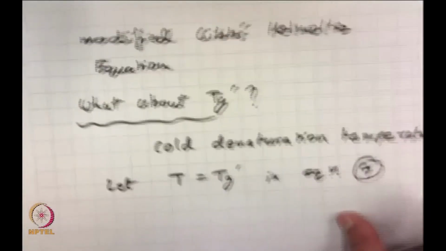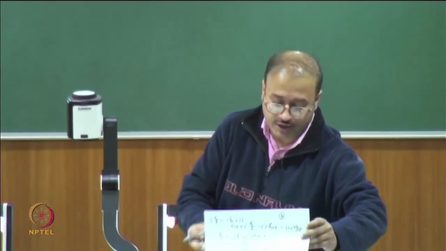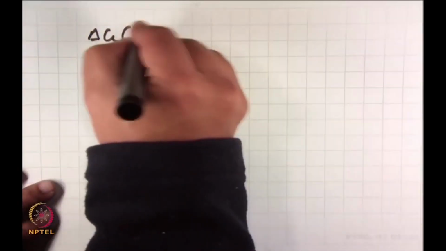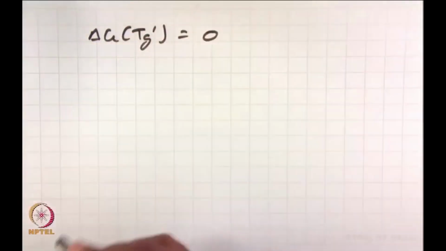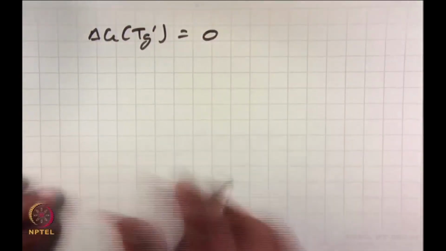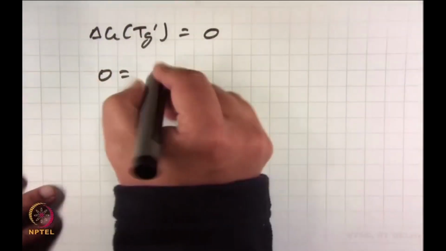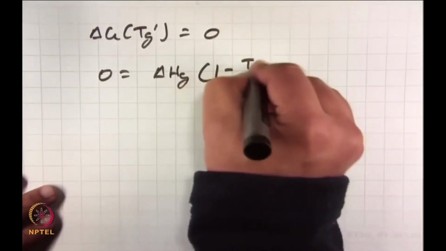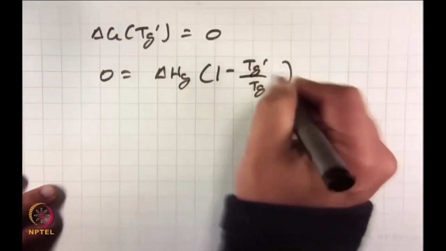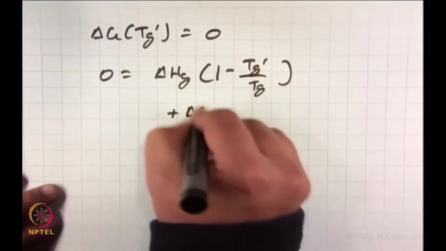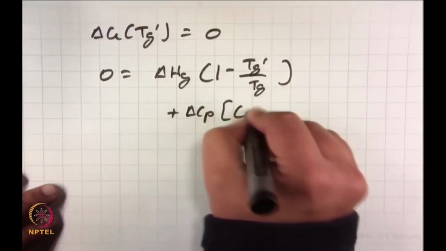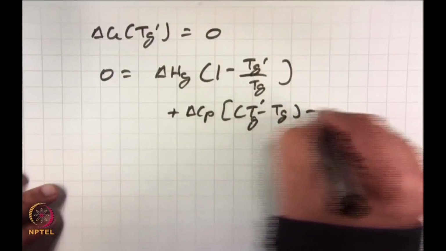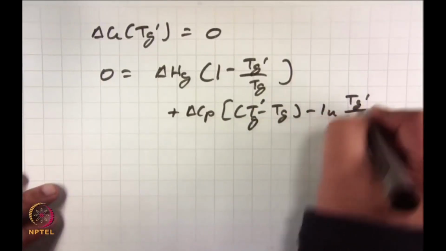The moment we have T equal to T g prime, we can write delta G at T g prime is equal to 0, and hence 0 is equal to delta H g times (1 minus T g prime over T of g) plus delta C p times (T minus T of g, at T is T g prime, minus T g prime times natural log of T g prime over T of g).